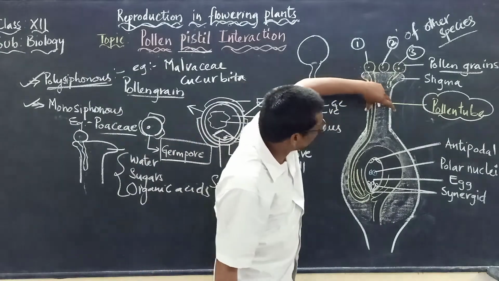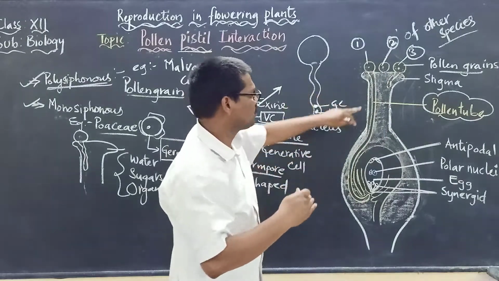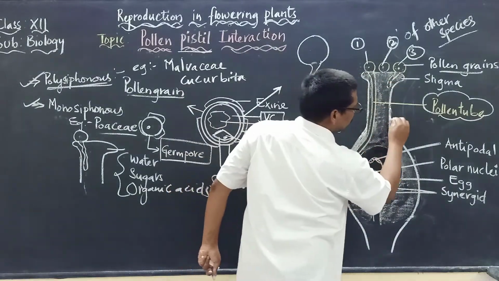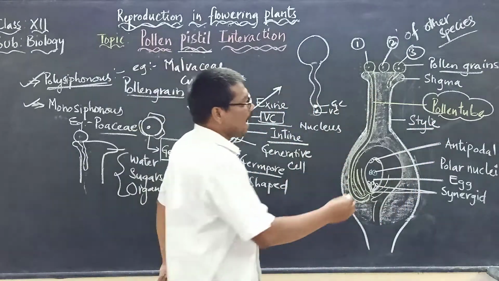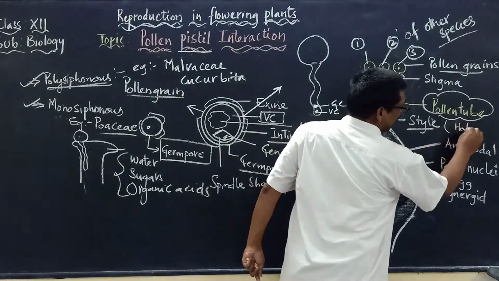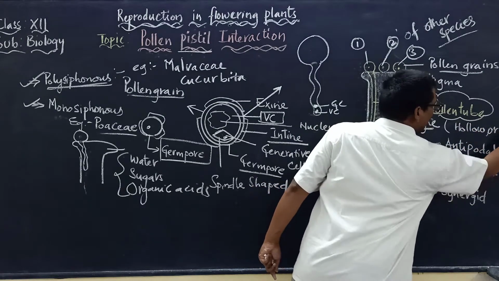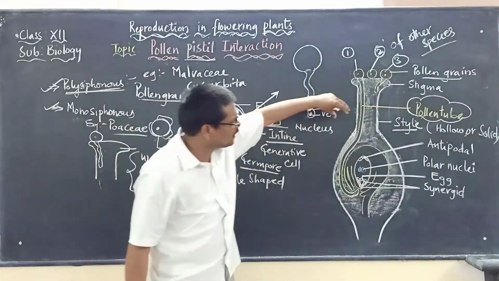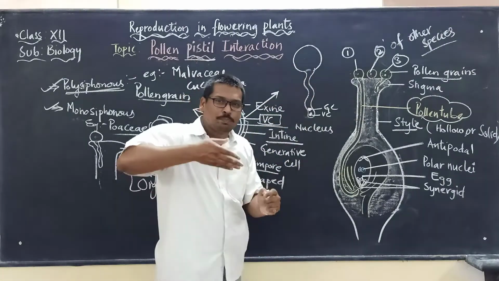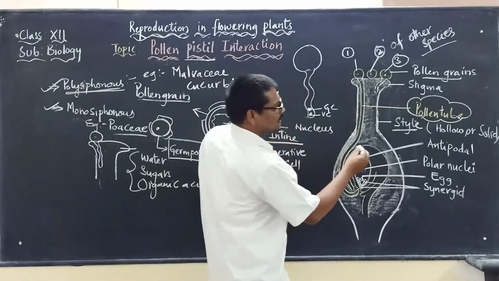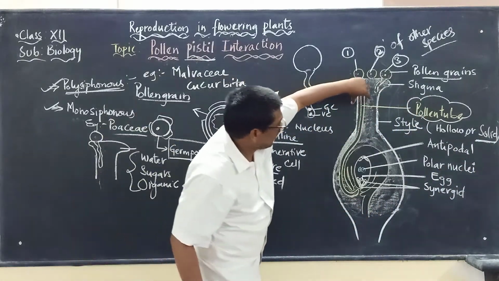We said that the stigma is the flat landing part of the pistil, and the cylindrical part we already studied is the style. This style may be hollow or solid. Please remember, the pollen tube has to penetrate through the cells, especially when the style is solid.